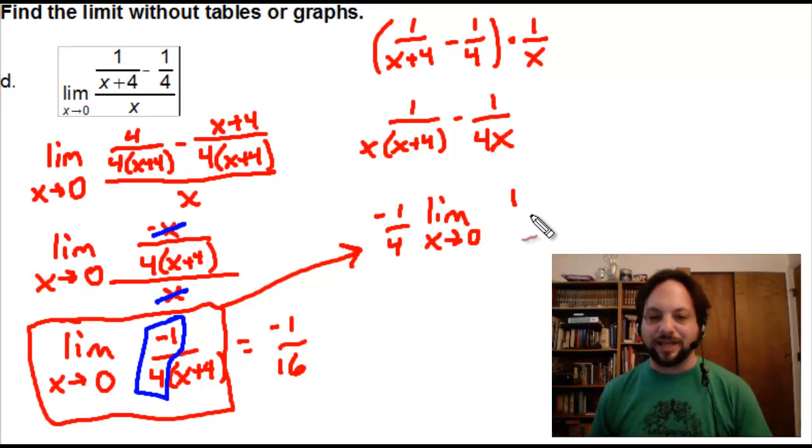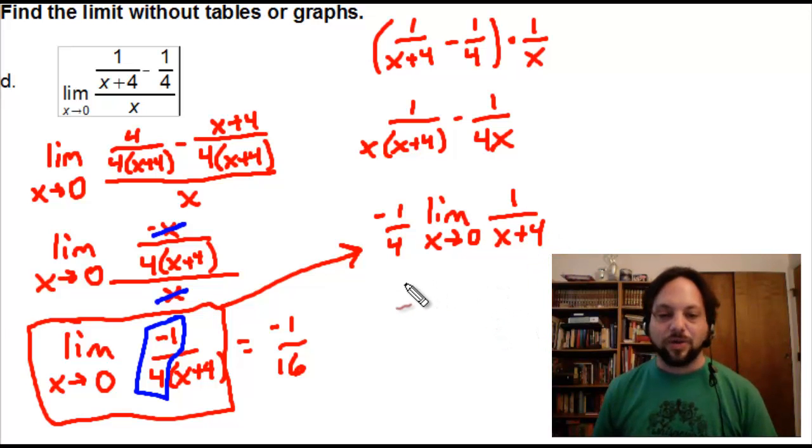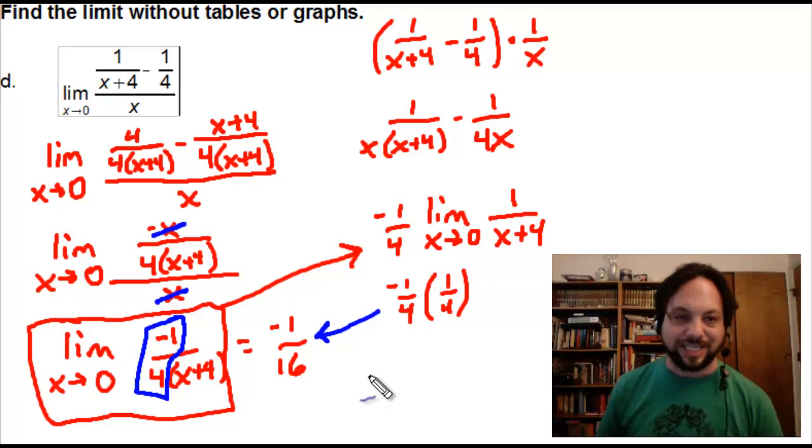You probably didn't think of this, but it is going to lead to something very important in just a second. So what would have happened had I done that? Well, take a look. This would have been negative 1/4. Direct substitute the 0 for x, and for this I'll get 1/4. And of course, that will bring us right back to negative 1/16.